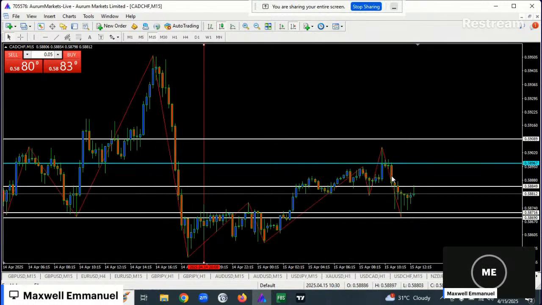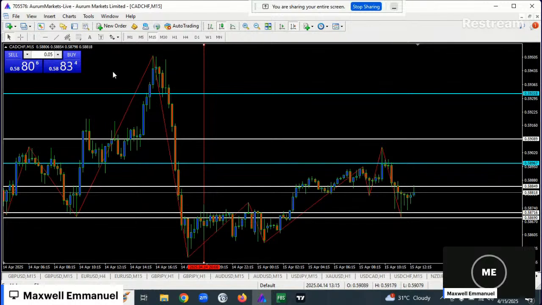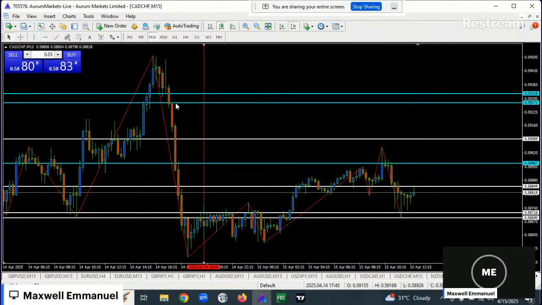Wait for the 1 hour candle to close above that level before you buy. That's my take on CADCHF. It is still bullish. It is likely going to come fill this fair value gap at a premium area. That will be the next target.